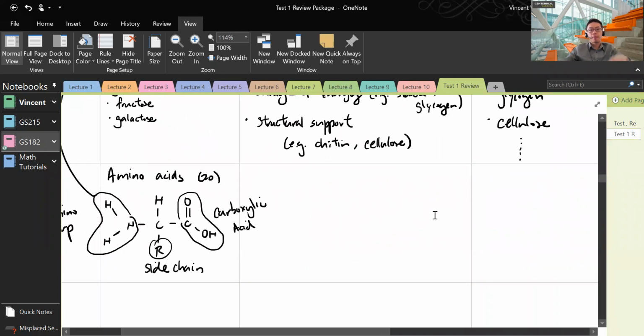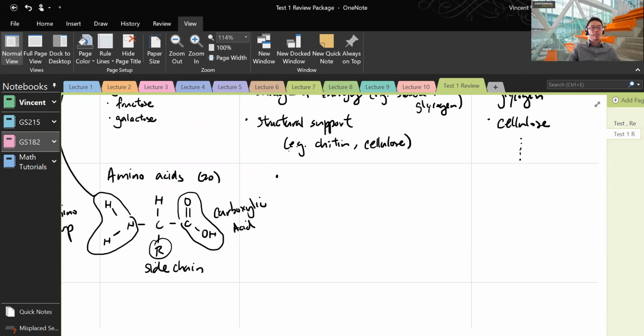Biological functions. Many things. Help me out here. Type it in the chat box. There must be like 5, 6 different types of functions that we learned in the course so far.